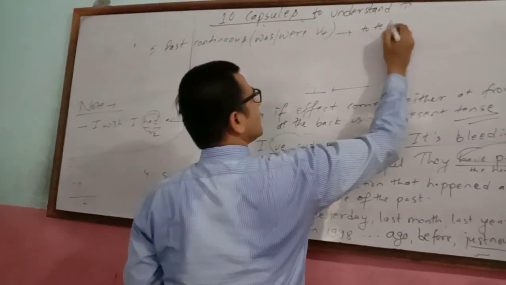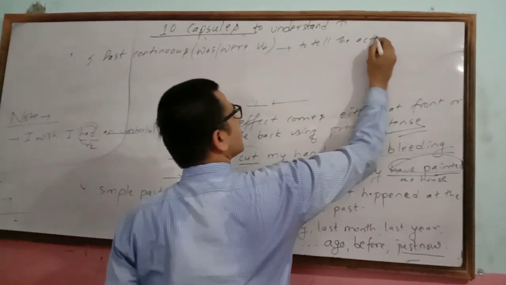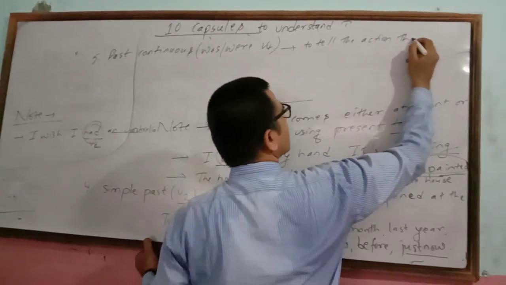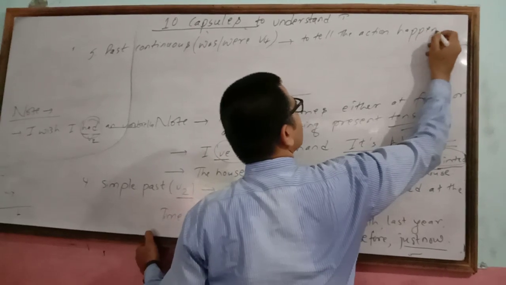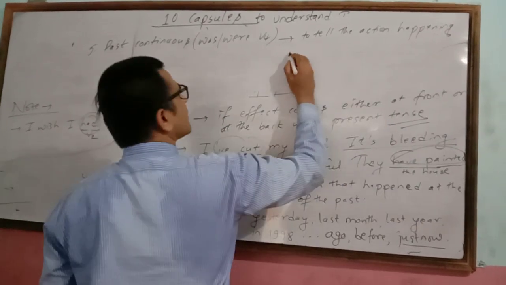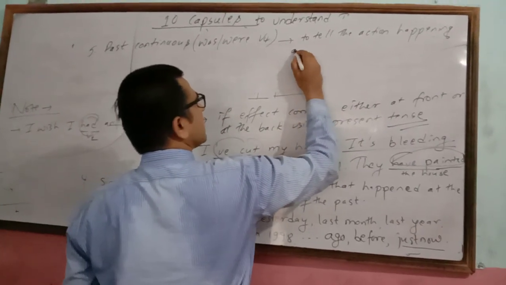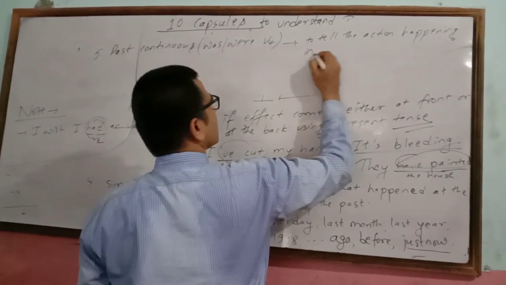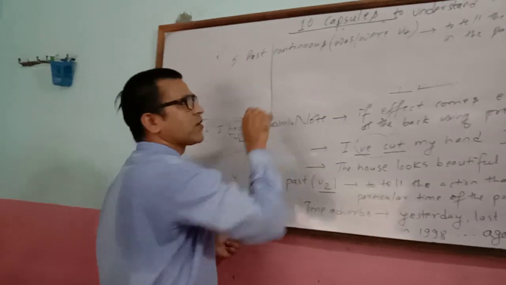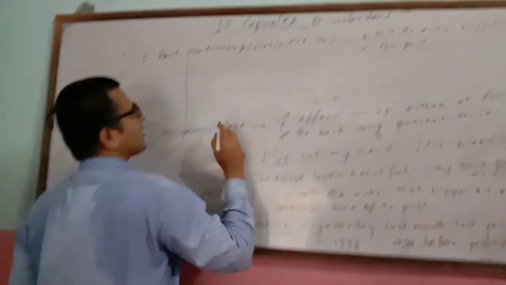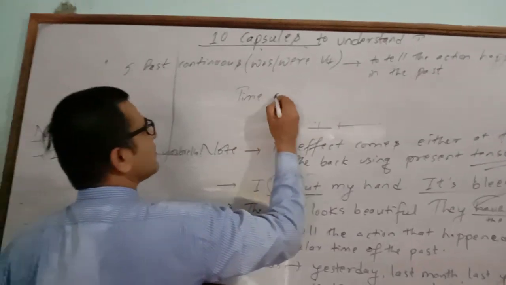To tell the action happening in the past, you can say, happening in the past, or in the particular time of the past. And we use time verbs.